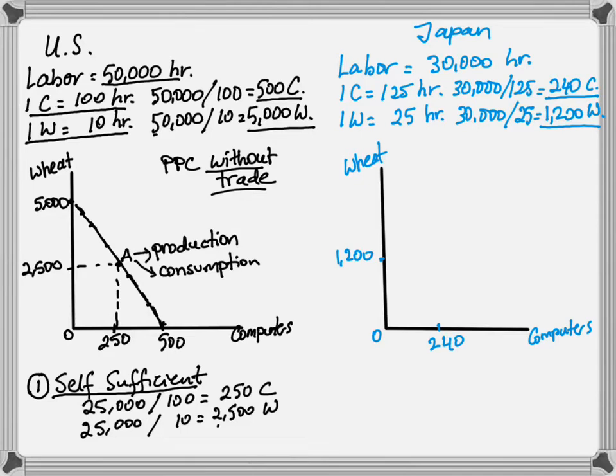And of course, we can allocate the labor hours in the production of both goods, and Japan can produce any combination in between these two combinations. So I'm going to put that here to derive the production possibilities curve for Japan without trade.